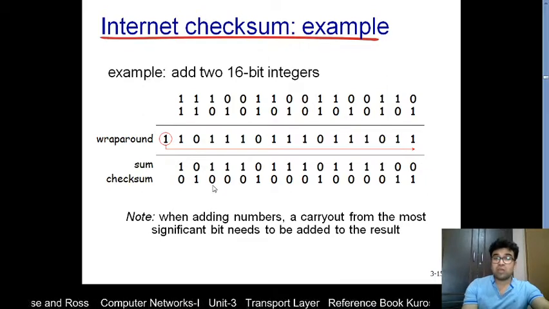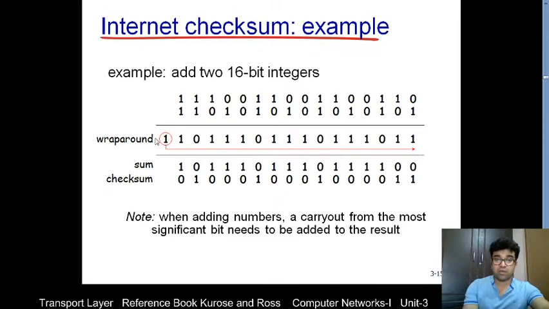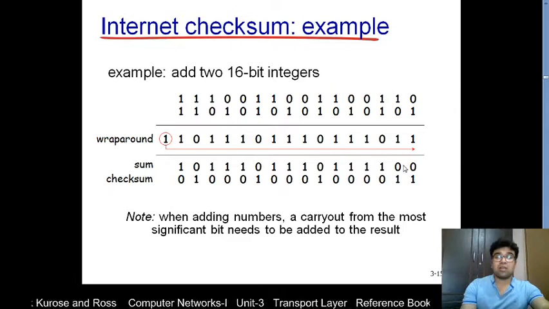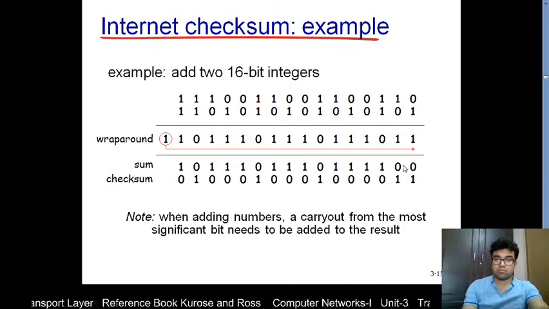Here you can see, when adding numbers, carry out from the most significant bit needs to be added to the result. As I told you earlier, if your result generates a carry, you need to add it with the result itself. So that is how you generate the checksum part.